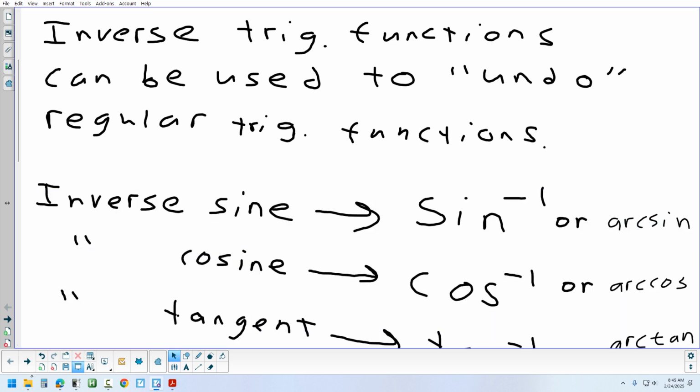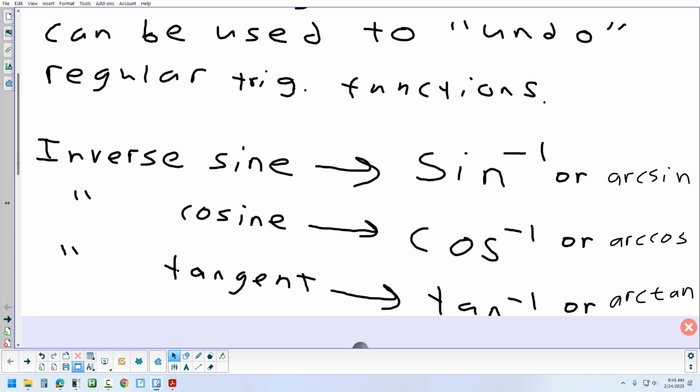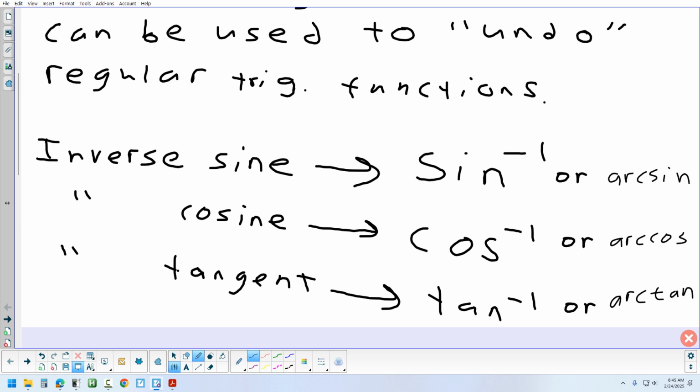So how does it look when you write inverse sine? Well, we generally don't write out the whole words. There's an abbreviation we use, and there are two different abbreviations. The one I'm going to use most of the time looks like the trig function with a -1 up a little bit higher. The first thing to understand about this abbreviation is it has nothing to do with raising something to a -1 power.